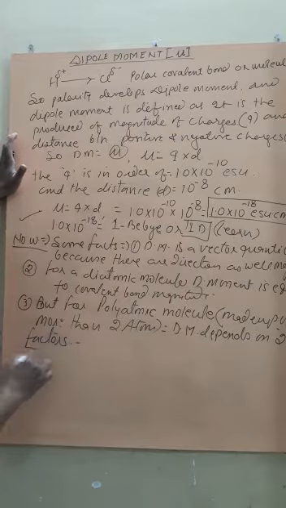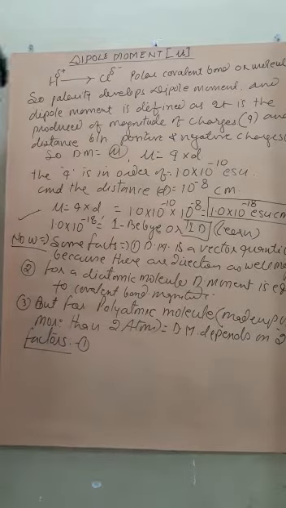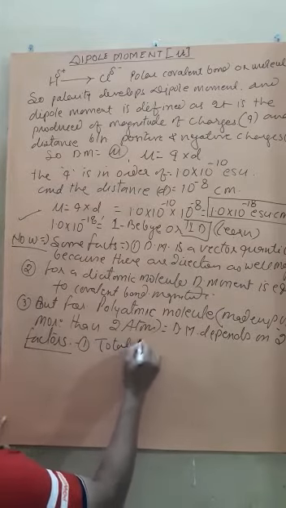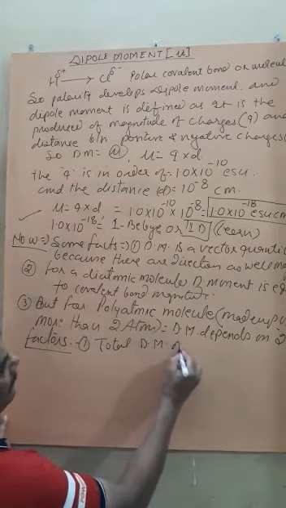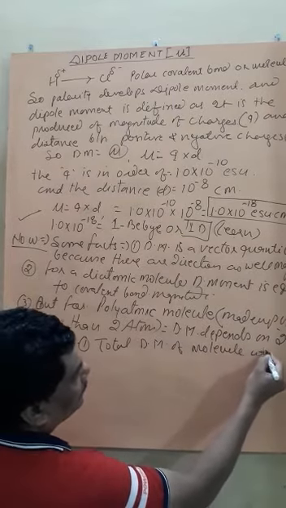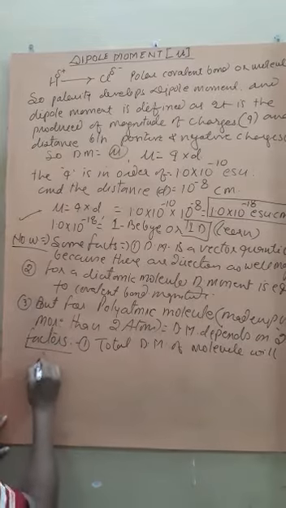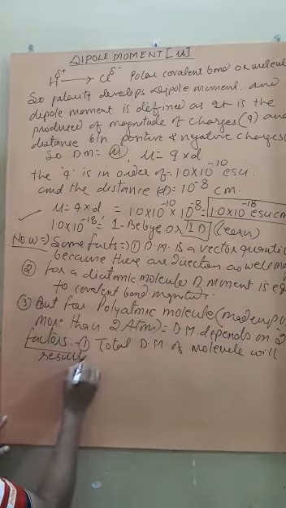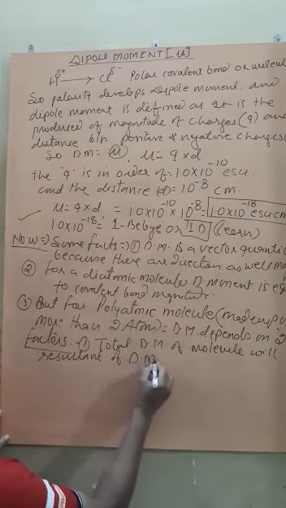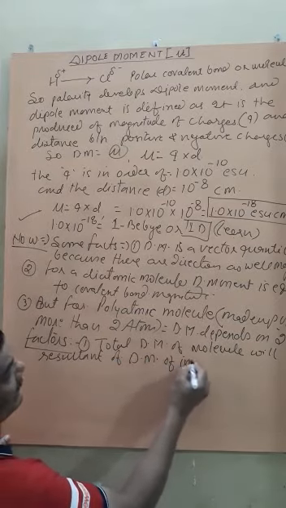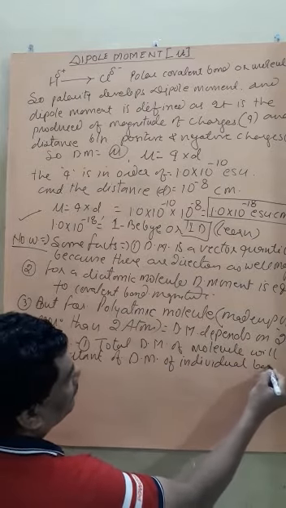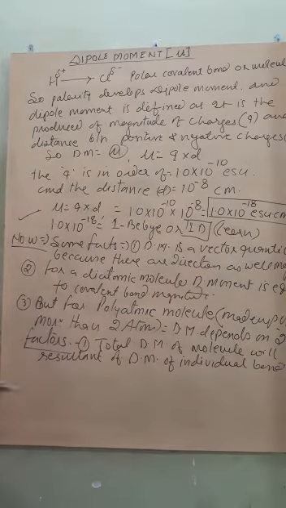First one, the total dipole moment of the molecule will be the resultant of the dipole moments of the individual bonds, that is, the sum of the individual bonds.